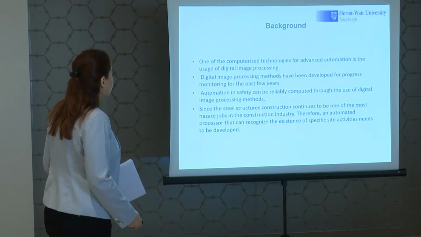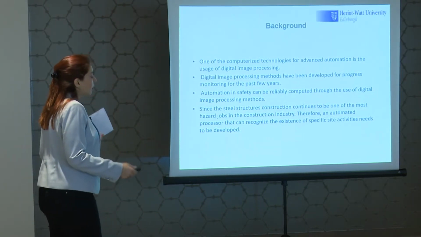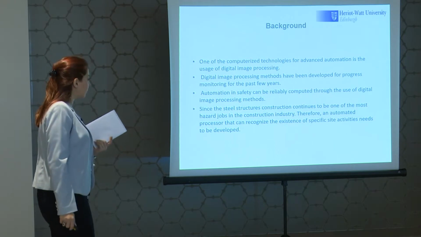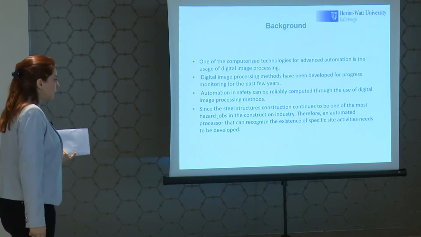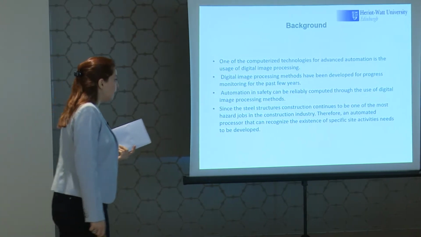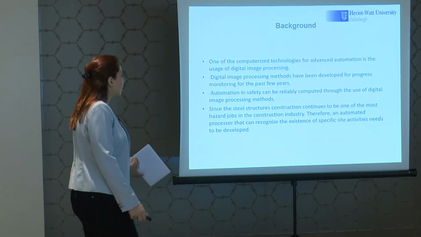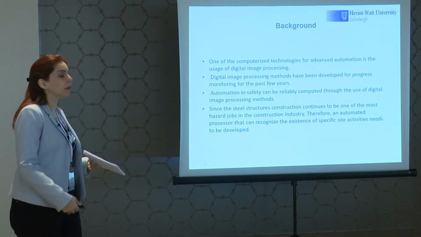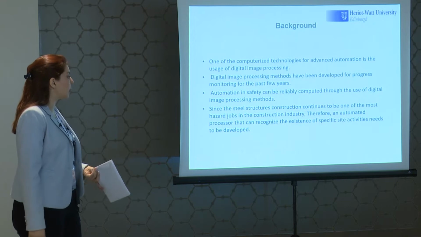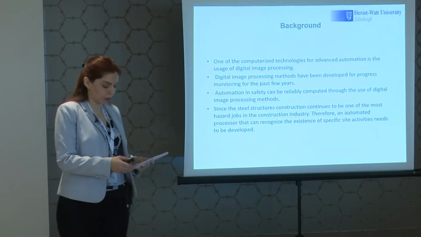So automation and safety can be reliably computed through digital image processing methods. I chose steel construction as a case study, since it can be one of the most hazardous jobs in the construction industry. Therefore, an automated process that can recognize the existence of a specific activity needs to be developed.